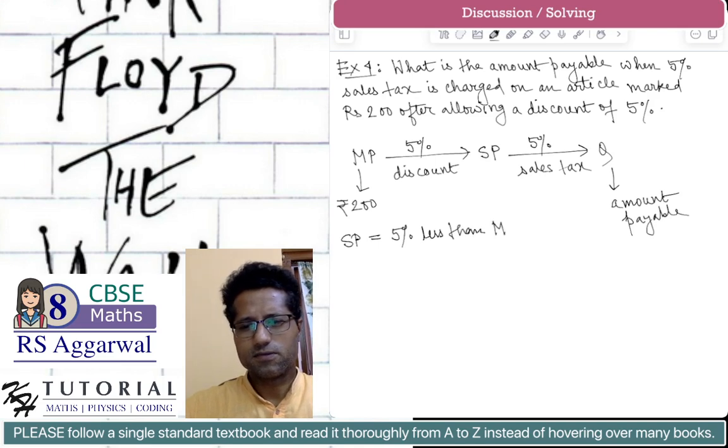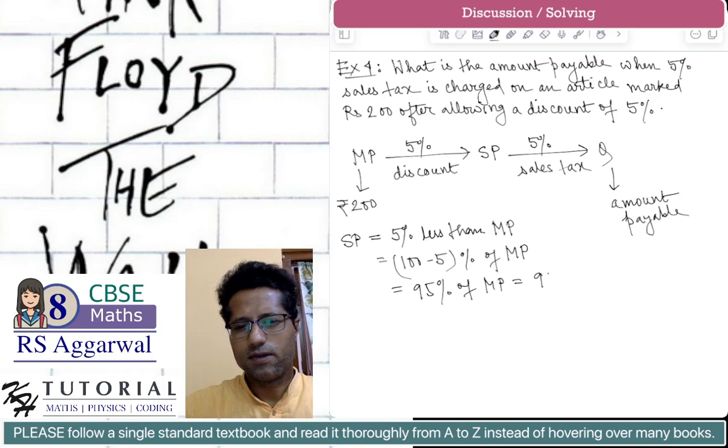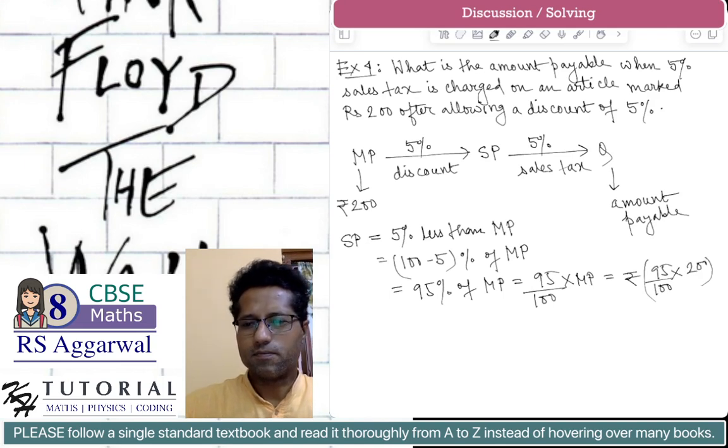the mark price, which is equal to 100 minus 5% of mark price, which is equal to 95% of mark price, which is equal to 95 by 100 multiplied by mark price, which is equal to rupees 95 by 100 multiplied by 200, as 200 is the mark price.